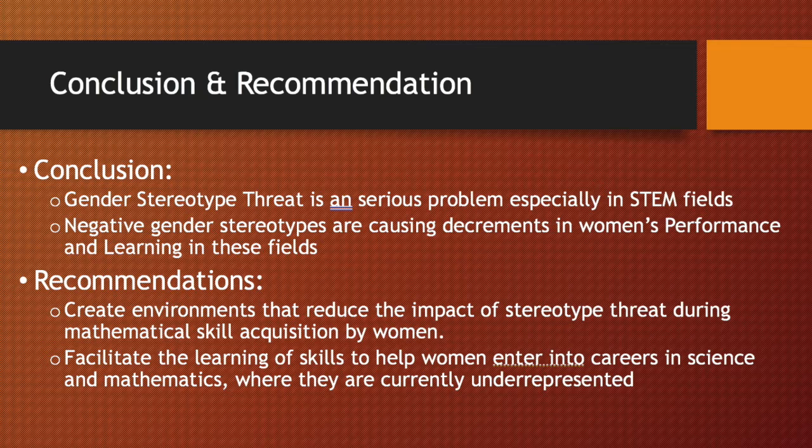And one of the best ways to do that is to eliminate all cues or indirect or unintentional hints at the stereotype. My recommendation also includes efforts and programs to facilitate the learning of relevant skills by women that enable and encourage them to enter into careers in science and mathematics.